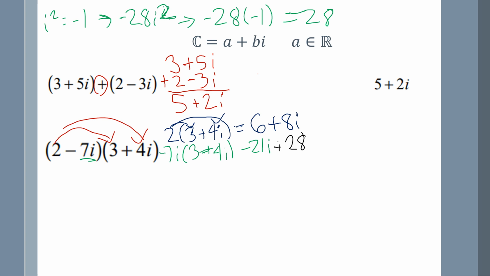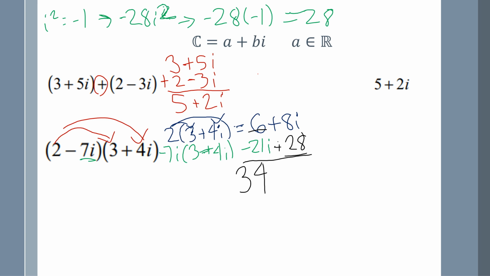Alright, so let's go ahead and put things together. So we got a 6 and a 28 that we could add together. And when we do that, we get 34. So that's 34. Let me erase. That's for some of you guys. Handwriting is so important.